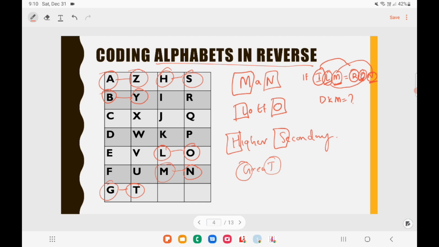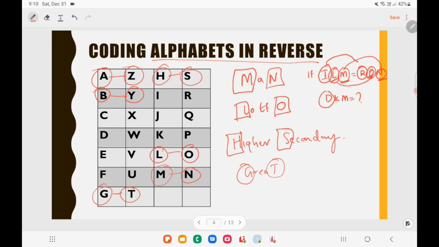You understand that here the coding is being done in the reverse order. Alphabets are coded in the reverse order. So once you understand that, then you can find out what DKM is, right? So you know that D will be coded with W, K is coded with P, and M is coded with N. So the answer will be WPN.